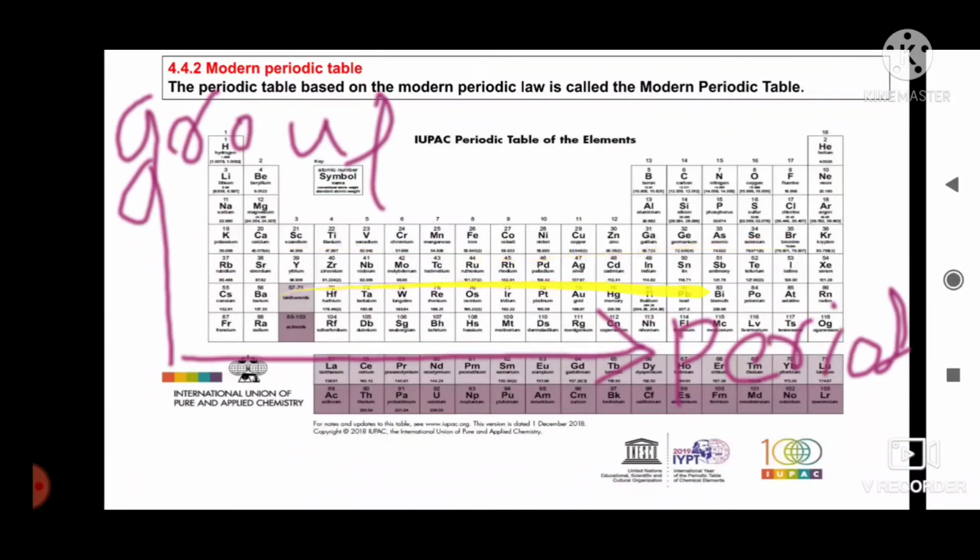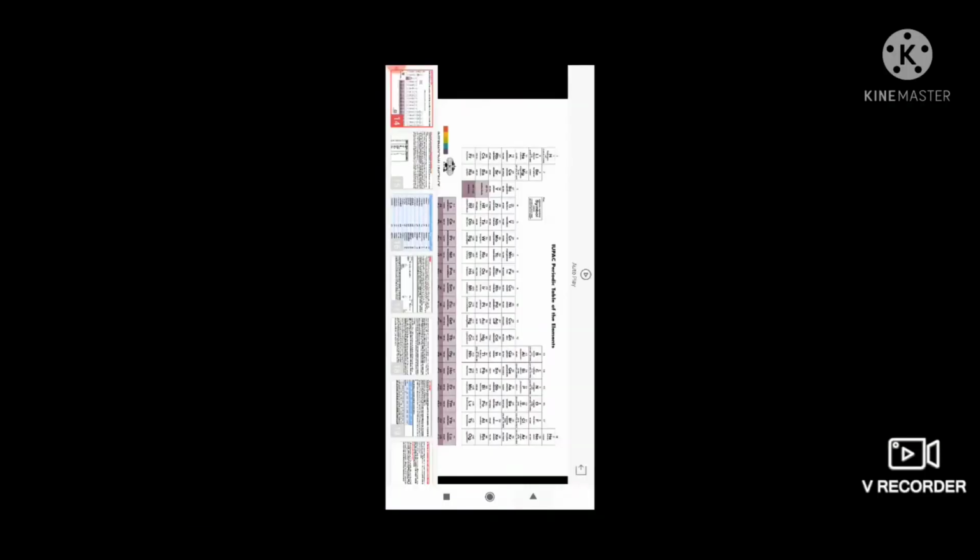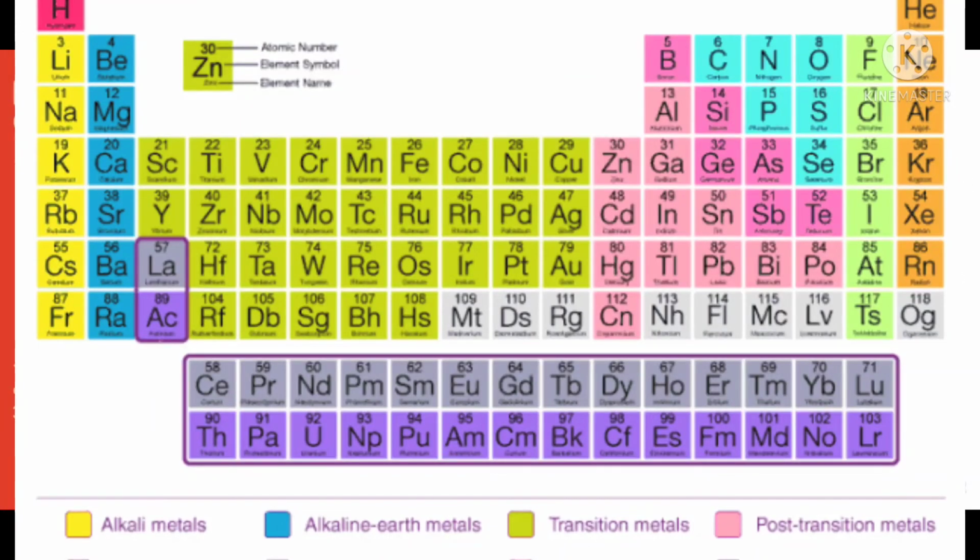And there are 4 blocks: s block, p block, d block and f block. The first 2 groups belong to the s block. First group elements are called alkali metals, and second group elements are called alkaline earth metals.